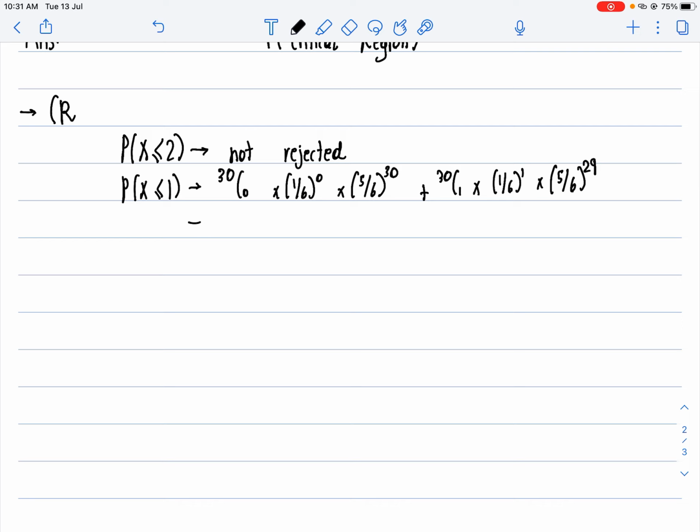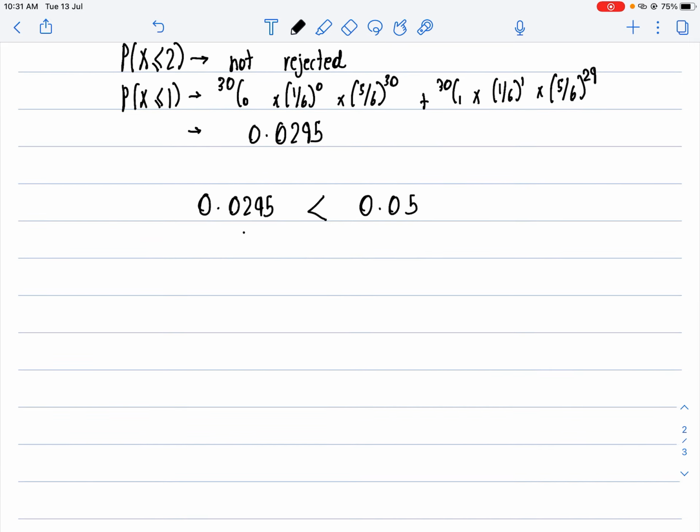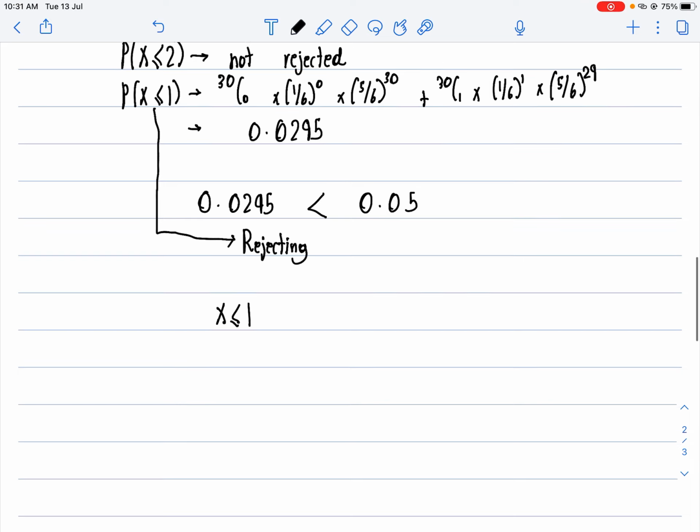Now when I solve this on the calculator, I get 0.0295. I compare 0.0295 with my significance level, which is 0.05. As you can see, 0.05 is more, so I'm rejecting this. So I can say x less than or equal to 1 is my critical region.